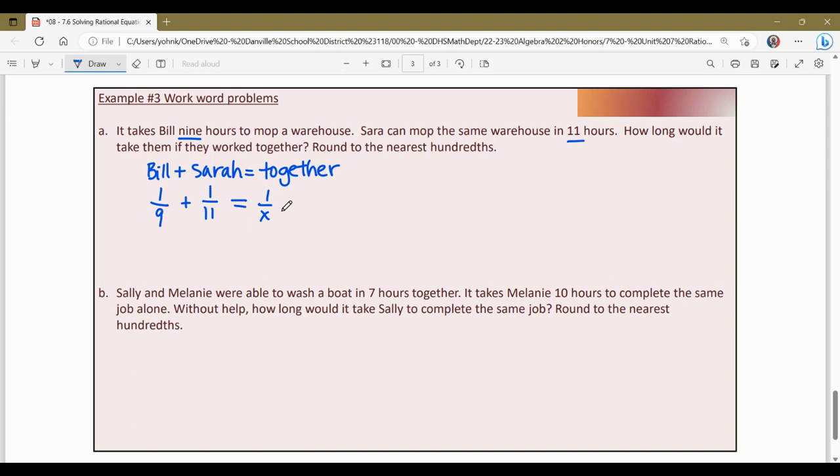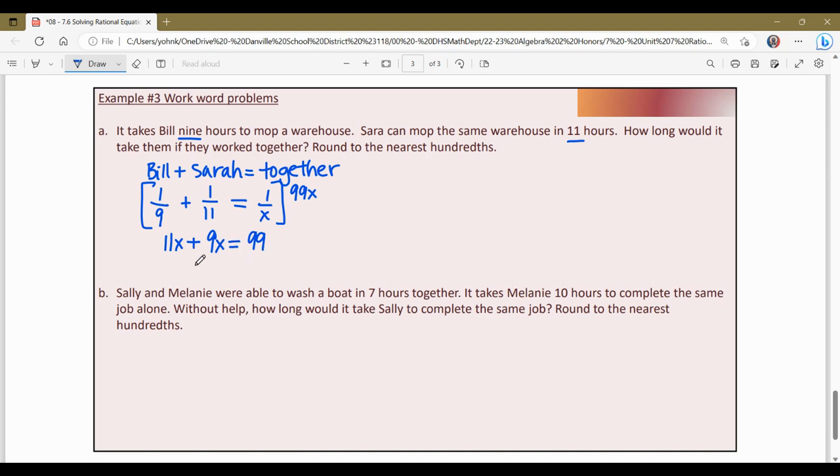Now this is an equation that we can find a lowest common denominator for. Multiply the 9 and 11 and the x, the LCD is 99x. So when I multiply the first equation, 9 goes into 99 11 times, so 11x plus 1/11 times 99 is 9x equals, and when I multiply 1 over x with 99x, the x's cancel and I get 99.